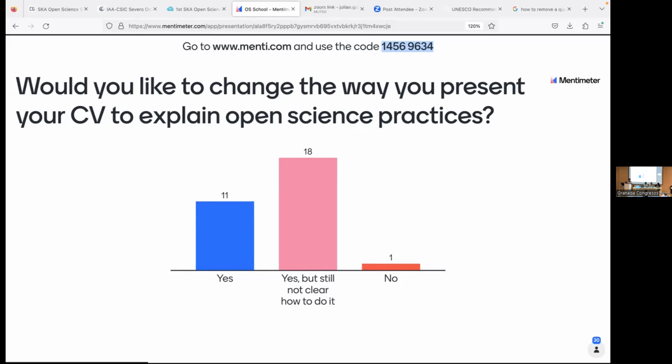In some places, they are already saying that they take into account for the evaluation, even if there is no section in the CV template, that you are following open science practices. So we need to really find the place. I don't know if any of the people who said that they still don't know very well how to do it want to comment, maybe people in Zoom or here in person. Or maybe Rachel's comment was helpful enough to clarify.